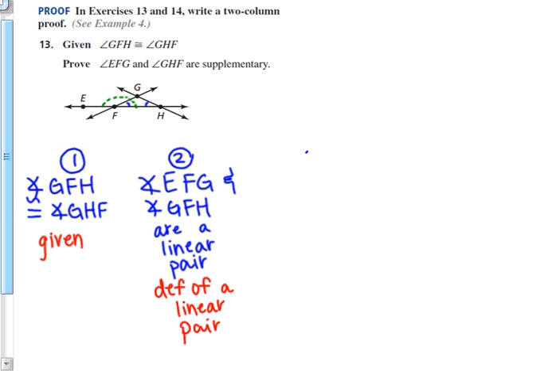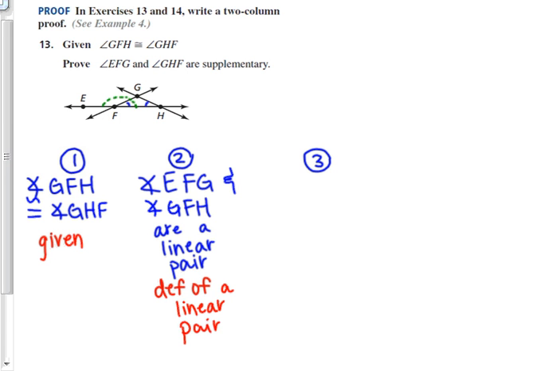And then my step 3, let's move on here. Let's see what else I can do. Well, if I know that those two angles are a linear pair from step 2, I also know that they are supplementary, because that comes from the linear pair postulate.